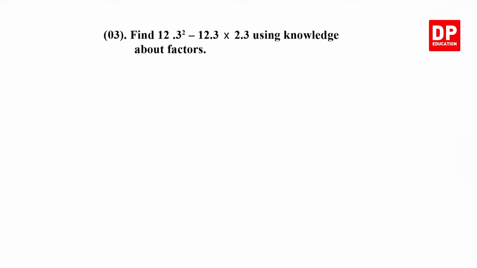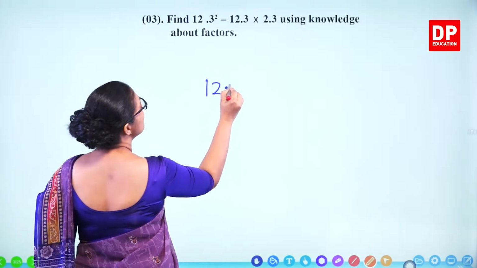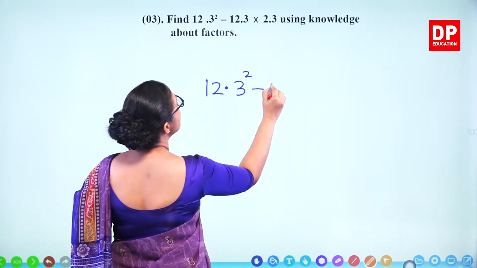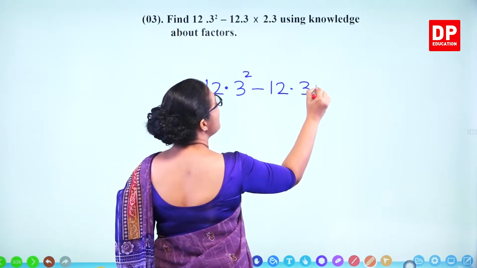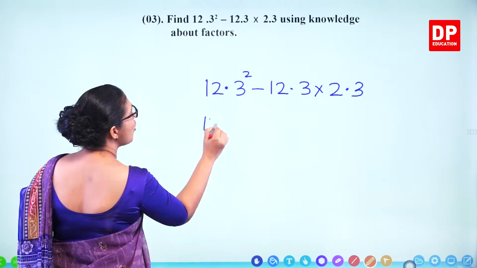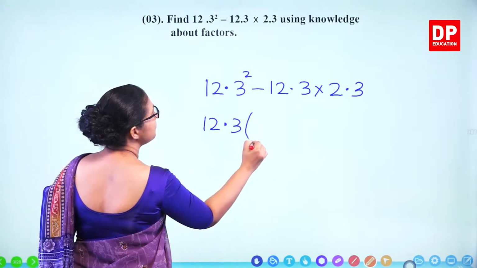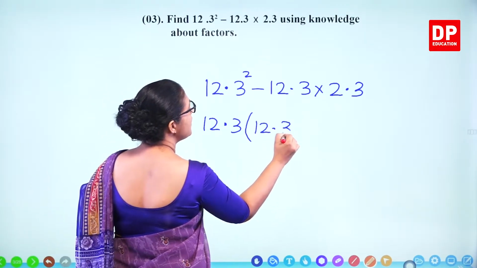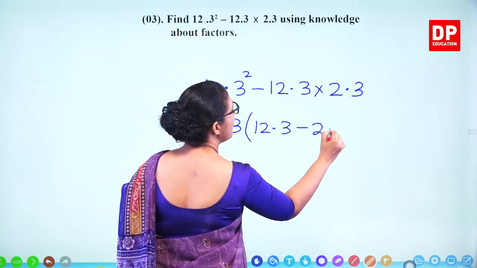Question number 3. Find this answer using knowledge about factors. What can you do? Factors mean common ones. So are there any common numbers here? Yes, 12.3 is common. Take it out. Then 12.3 is remaining minus 2.3.